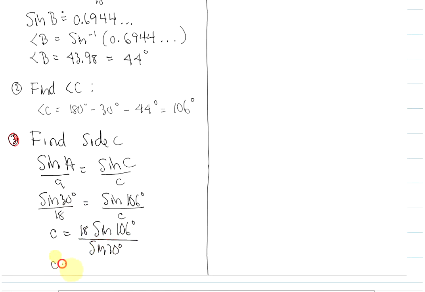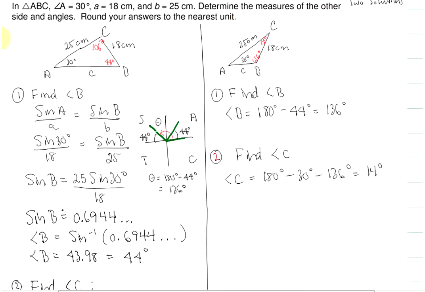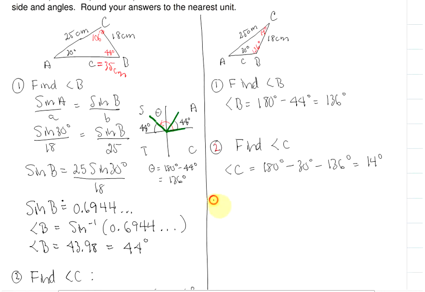And I get that side C is about 34.605, which rounds off to 35. Okay, so I'll put that on my diagram.